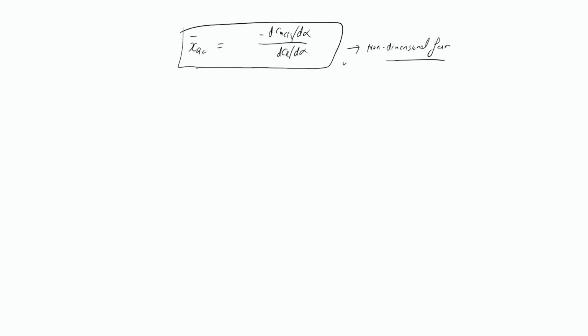Now we have a constant upon a constant, hence we get a finite number for x bar AC, indicating the aerodynamic center does exist as a fixed point on the airfoil.